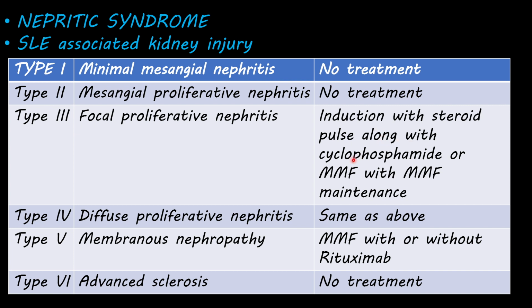Along with that, we give cyclophosphamide or MMF. MMF is mycophenolate mofetil, with MMF maintenance. This type 3 treatment is the same as for type 4. In type 5, we use MMF with rituximab. In types 1, 2, and 6, as we discussed, there is no treatment.